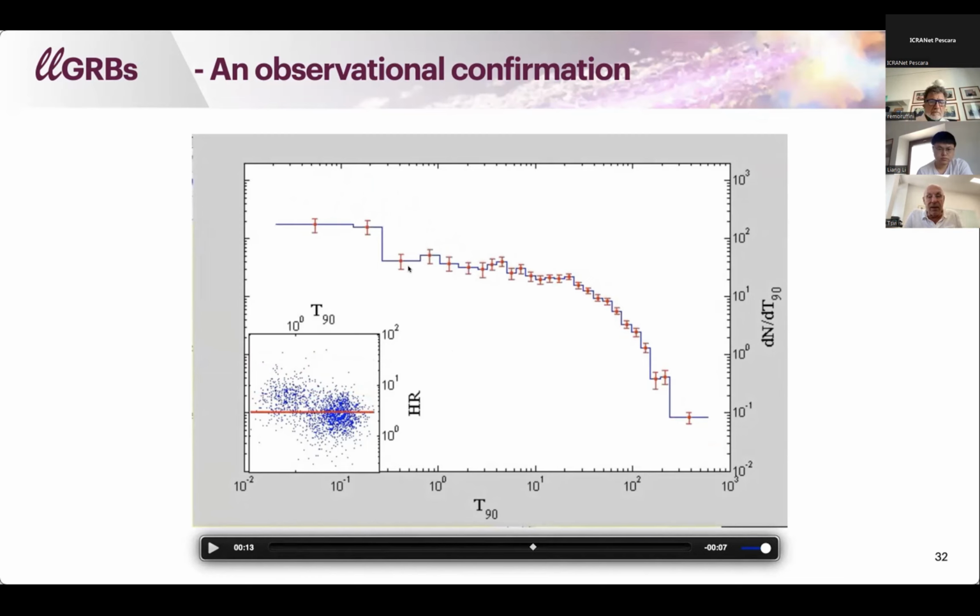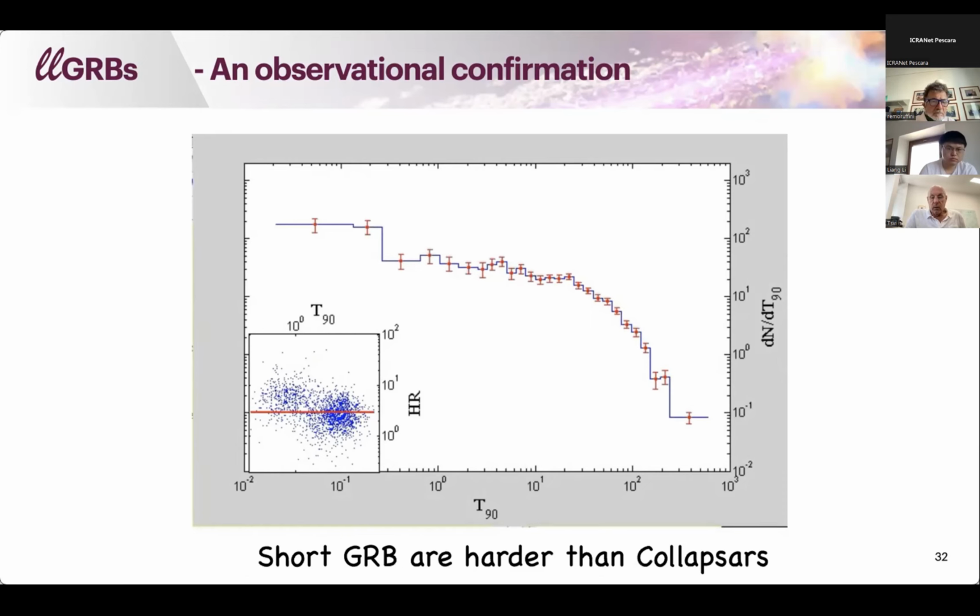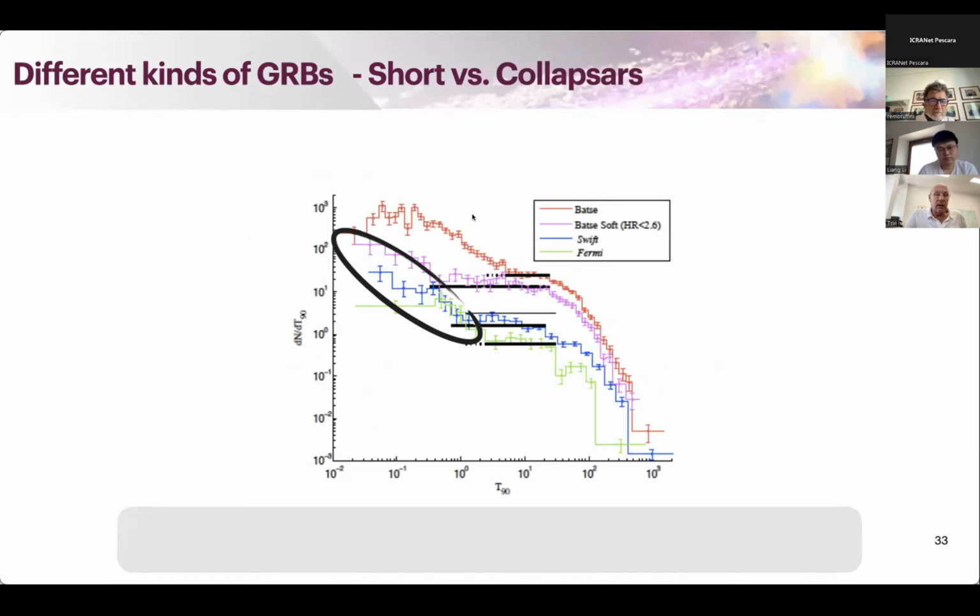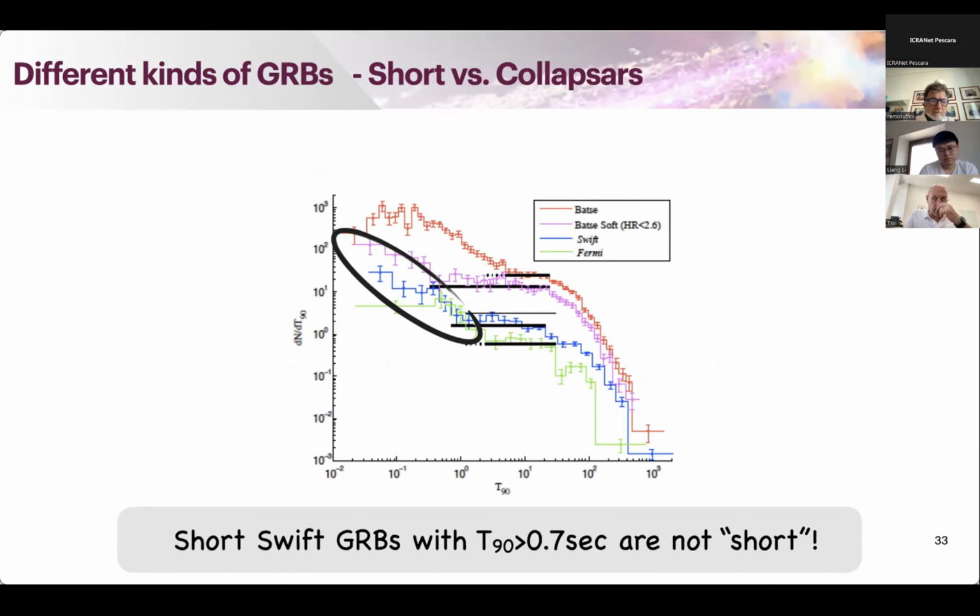All these are collapsars, and this is as if we don't have mergers in the universe, because we are working with a very soft detector. So this is the situation, and this is already, as I mentioned, that the short bursts depend on the detector.